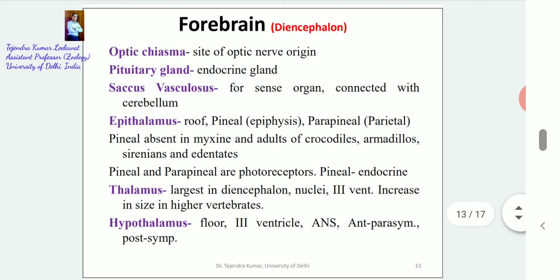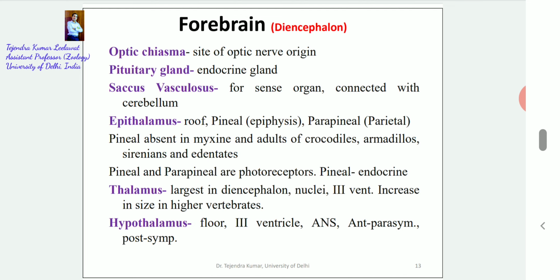Now the second portion of the brain, forebrain, that is diencephalon. Diencephalon has the optic chiasma, which is the site for the optic nerve origin. That's why we have a vision process, meaning this is related to the eyes. Next one is pituitary gland. Pituitary gland is an endocrine gland.